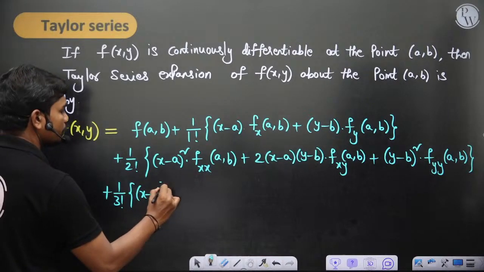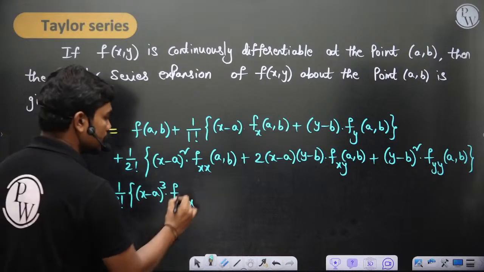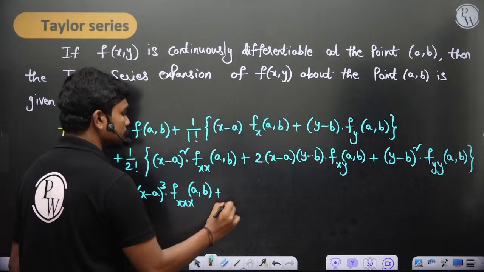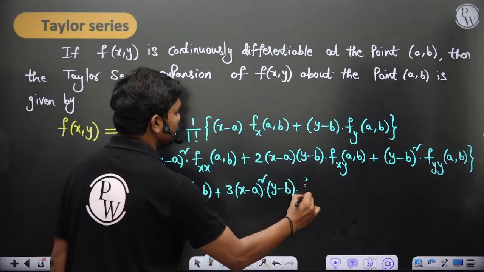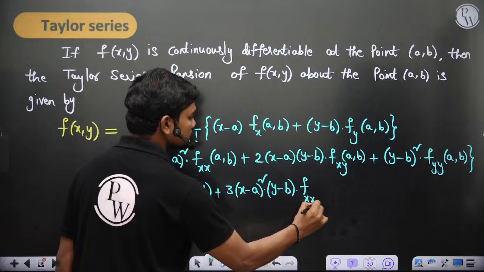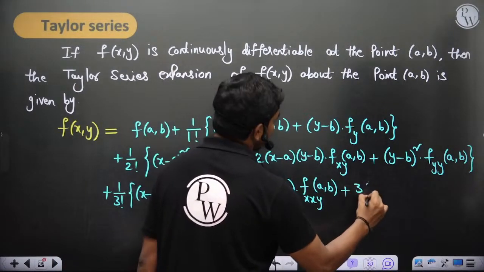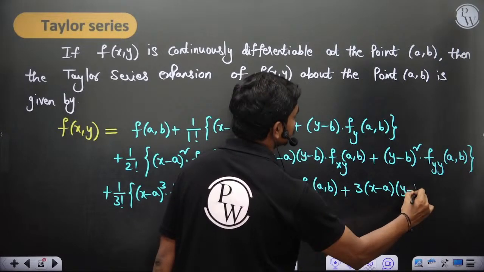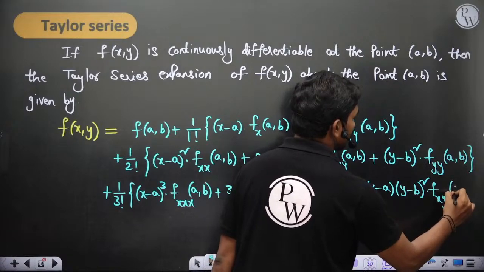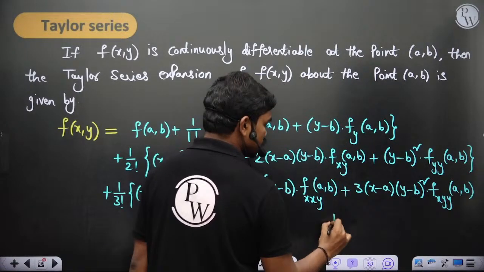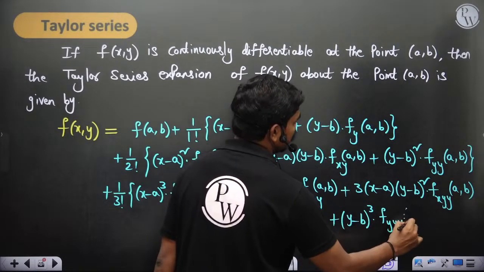Similarly, plus the third term, the 3 factorial term: x minus a whole cube times the triple derivative with respect to x, which is dou cube f by dou x cube at a comma b, plus 3 times x minus a whole square, y minus b, times f with x square and y, so 2 x's and 1 y, at a comma b, plus 3 times x minus a times y minus b whole square times f with 1 x and 2 y's, at a comma b, plus the last term, y minus b whole cube times fyyy at a comma b.